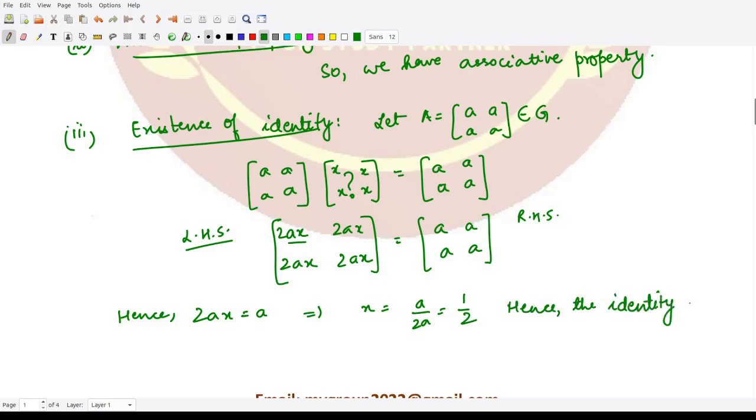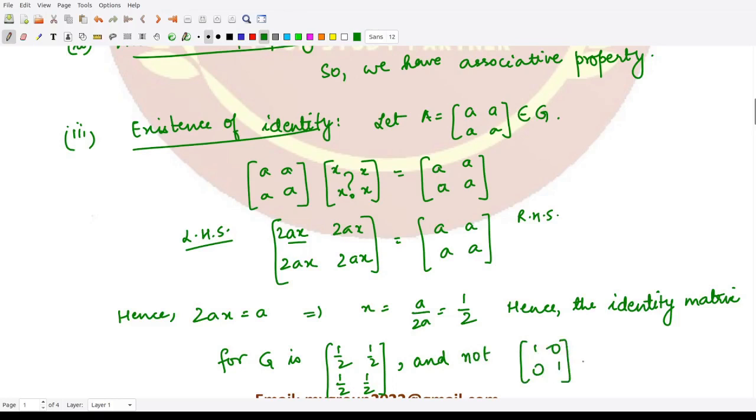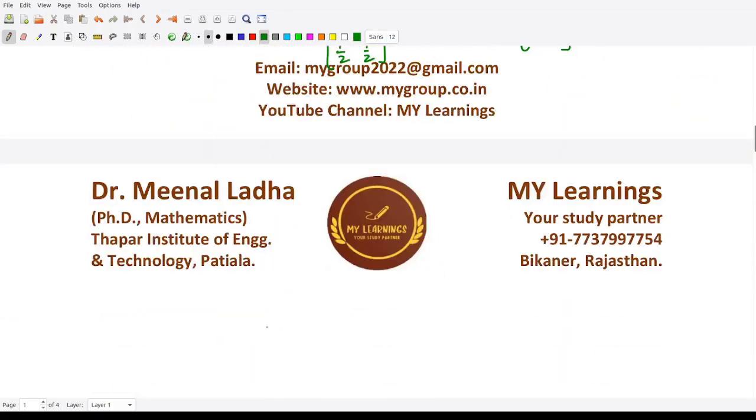The identity matrix for G is 1 by 2 in every entry. Because the value of X turns out to be this, and not the usual identity matrix, you should keep this in mind. Hence our third property is also satisfied.